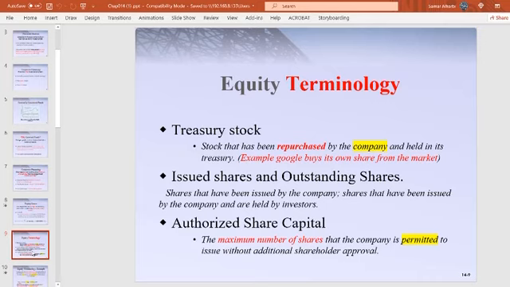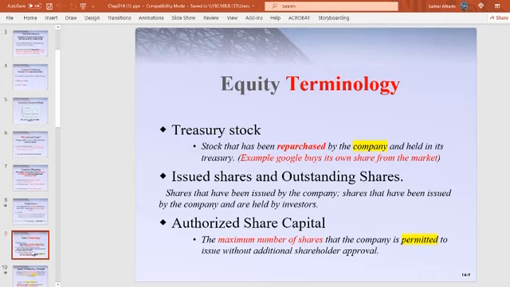I mean, this is authorized. This is how much you can issue, okay? You may not issue all of them, you may issue just 100,000, but this is the maximum you can issue for the company. Now, imagine the company has already issued 1 million and they want more. Then they need approval from the current shareholders, okay?